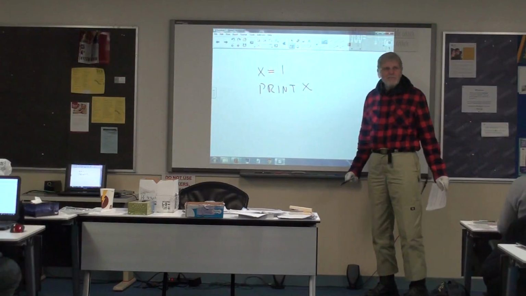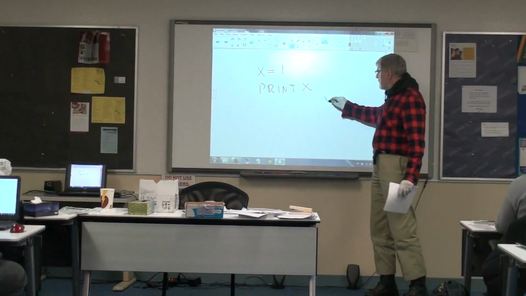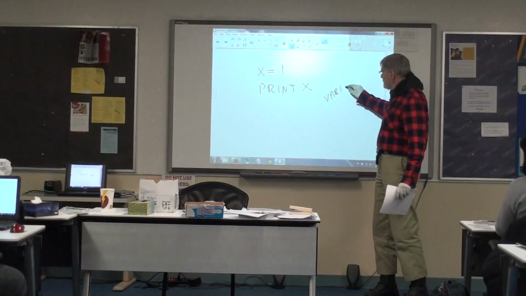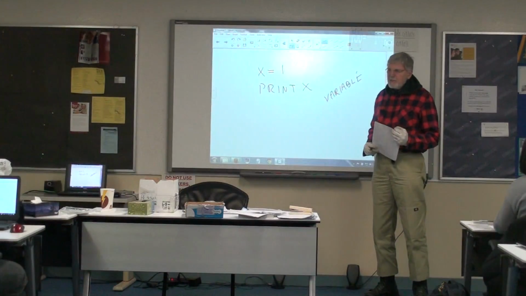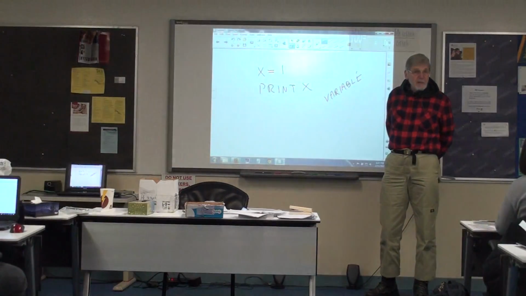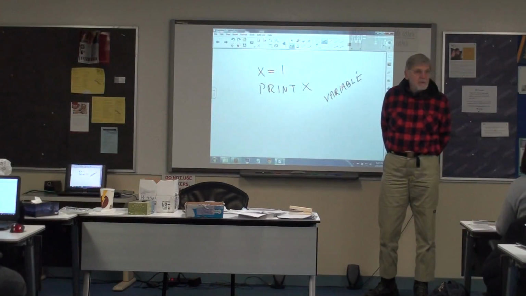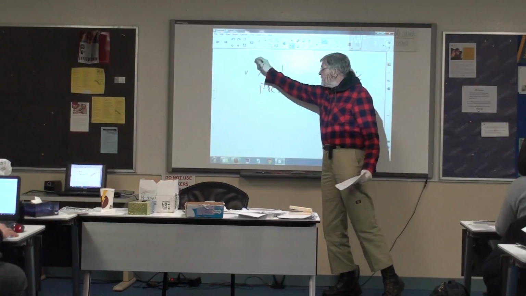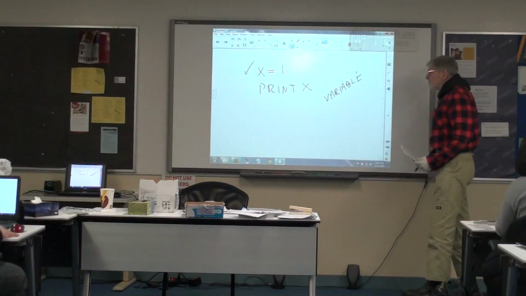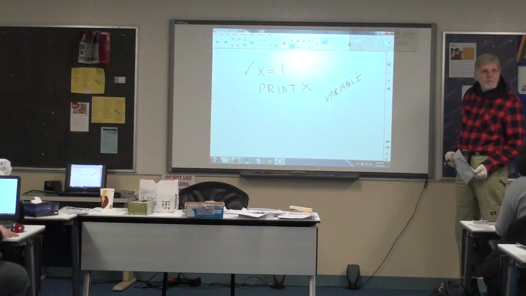The reason it doesn't print X is because X is what we call a variable name. What X really is, is a memory location somewhere in memory. It's a memory address. And what this line of code does is go to that memory address and put the number 1.